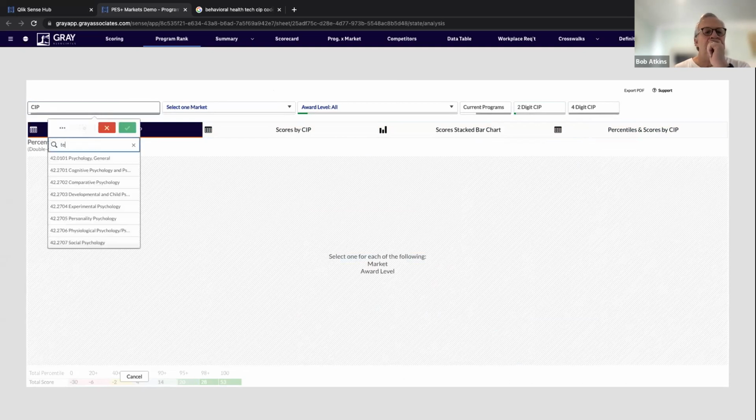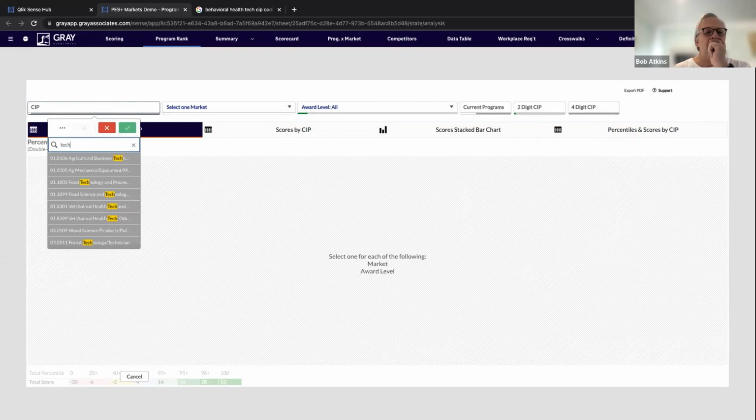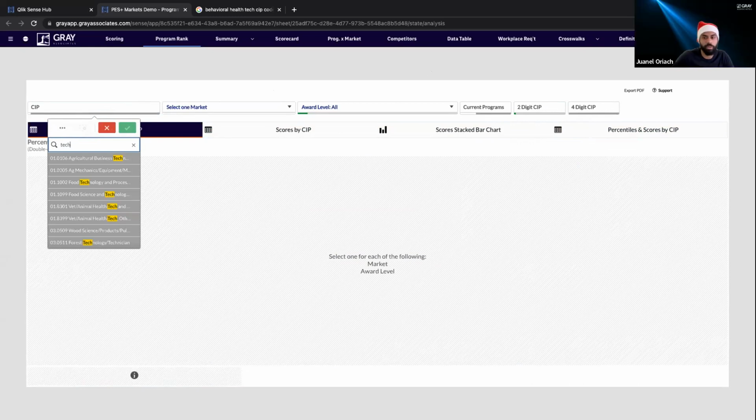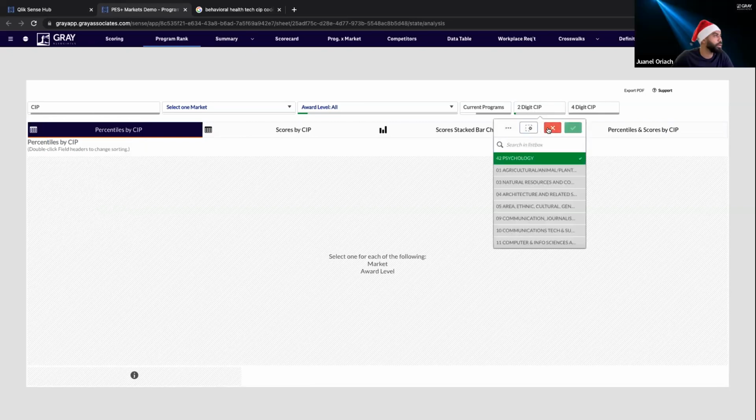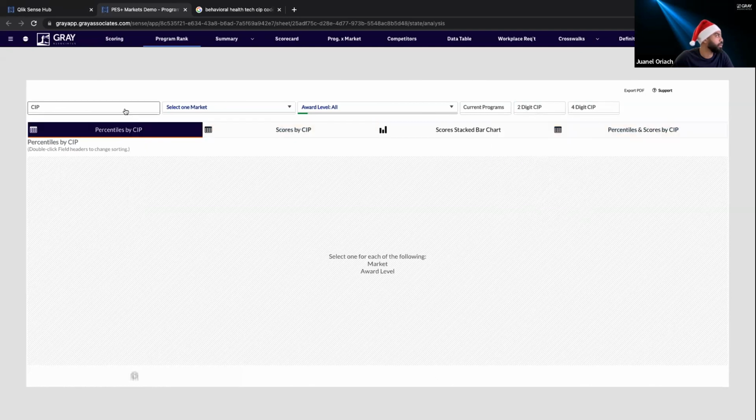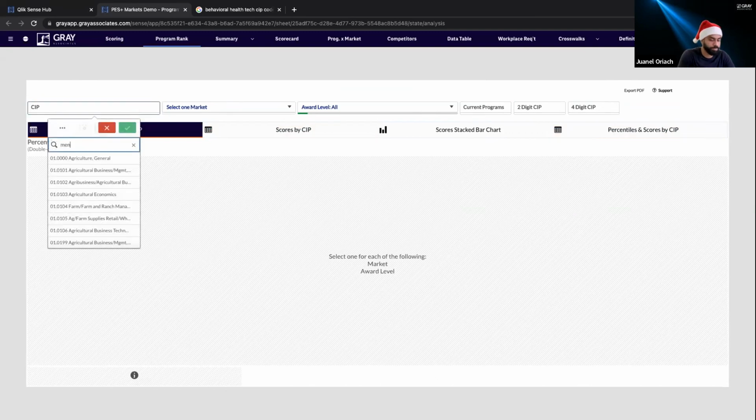So we have another clue. It says specific to mental behavioral health. All right, that might help a little bit better. A mental health counselor.